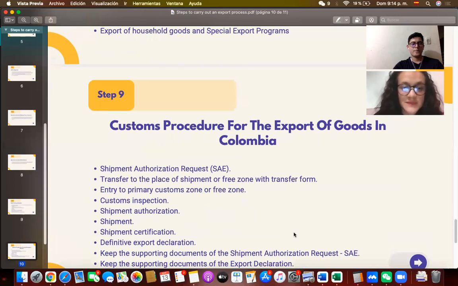Step 9, customs procedure for the export of goods in Colombia.